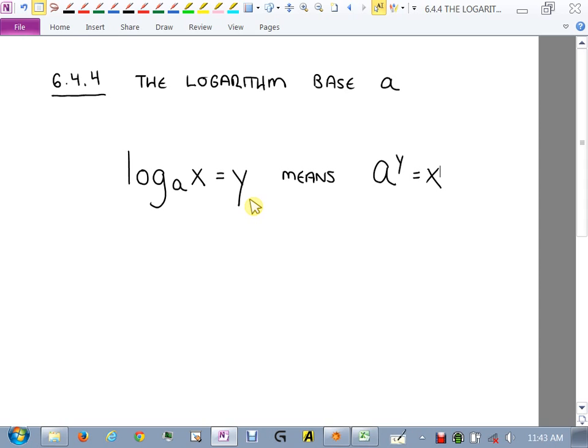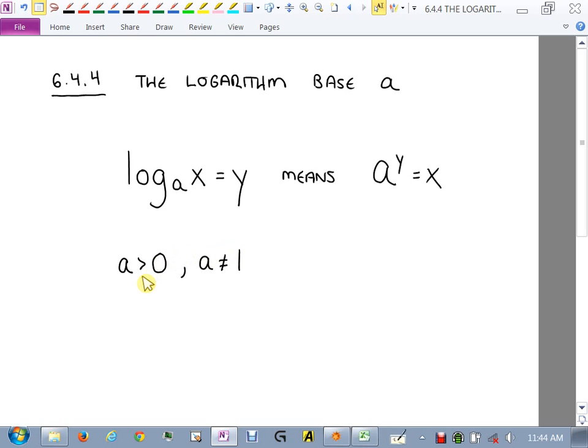That's all the definition is, a different way of writing the exponential. Now, we do have some restrictions here. a must be a positive number. a cannot be 1. Does this look familiar? We had the same restrictions with exponential functions.